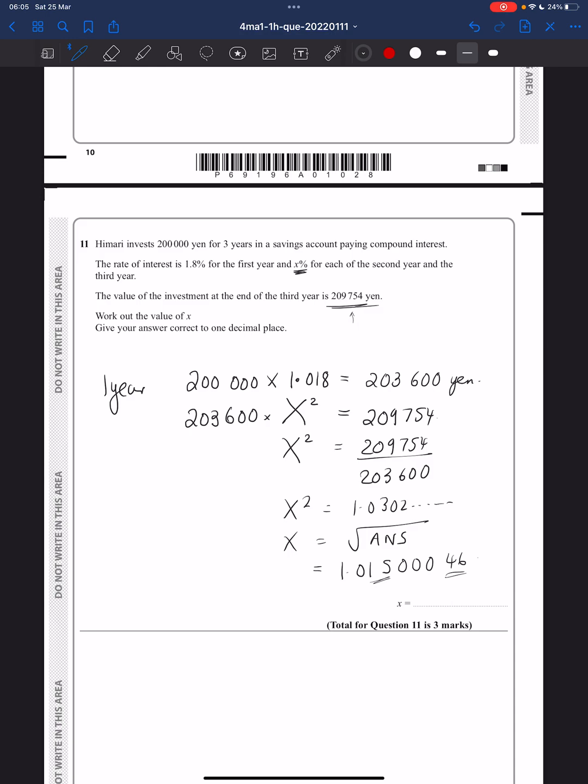And then I've got to take the square root of that answer. Yeah, well, it must be my calculator.